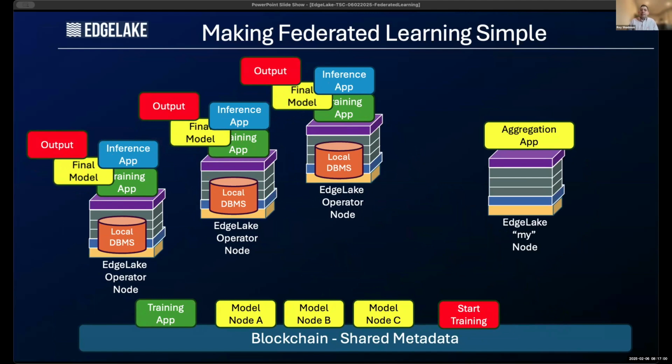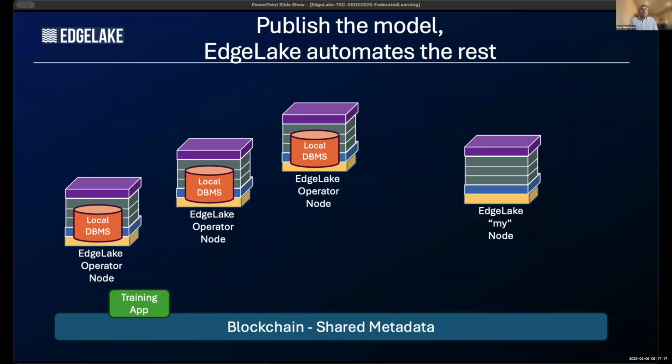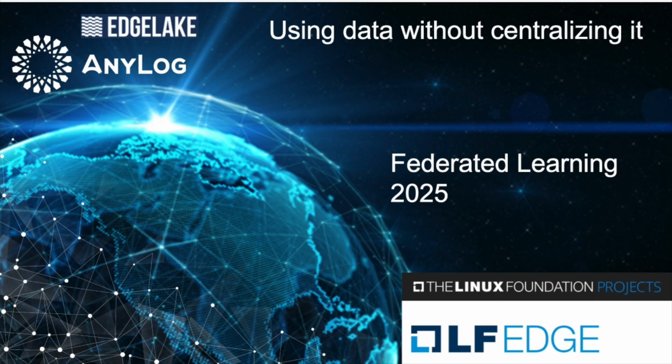Should I increase the temperature of the air conditioner, or sorry, decrease the temperature of the air conditioner, or manipulate my oil rig or whatnot. But essentially, the inference happens on the edge node directly. And the claim I'm making here is that all you need to do is publish the training application on the shared metadata layer in EdgeLake, and EdgeLake will automate the entire federated learning process dynamically.